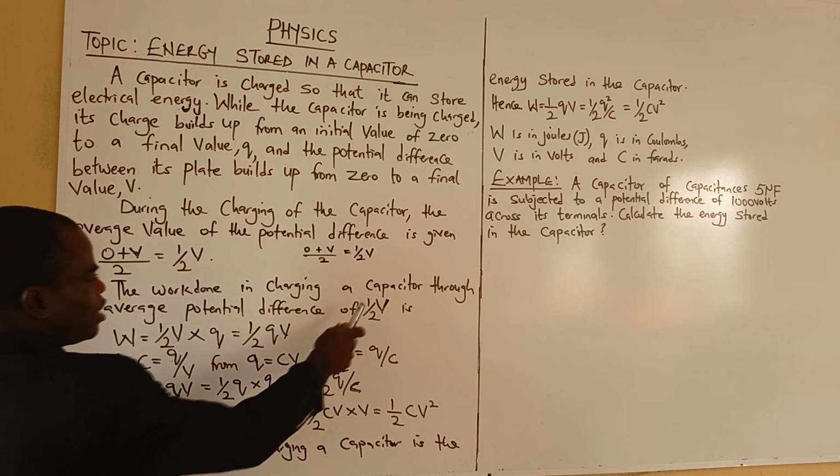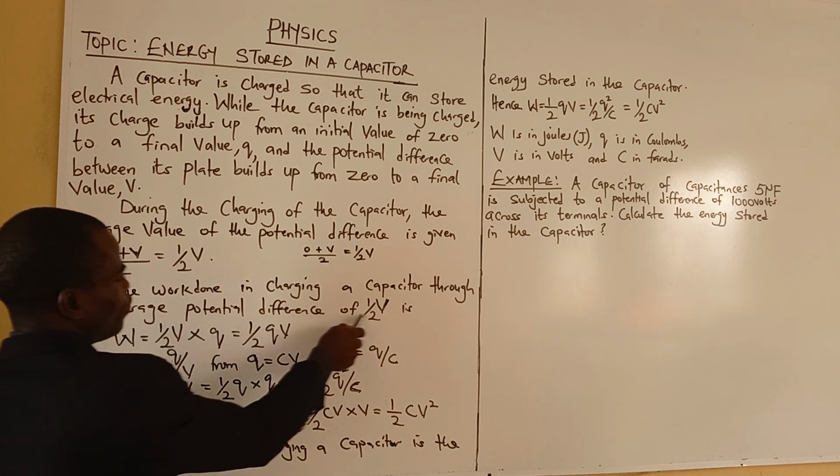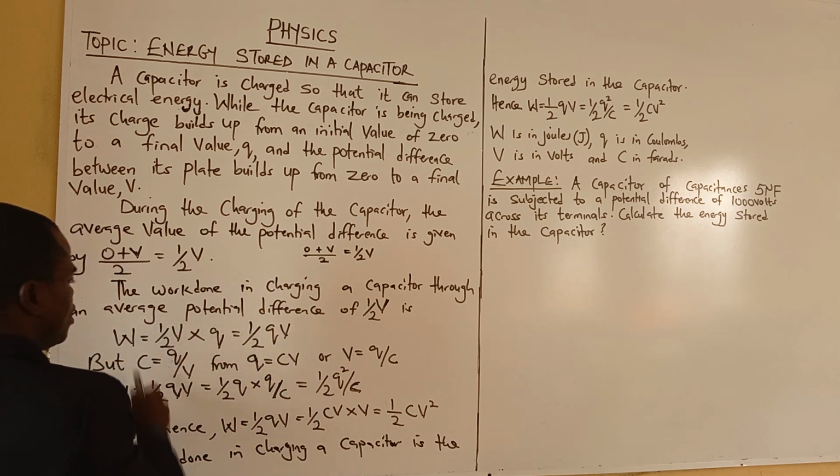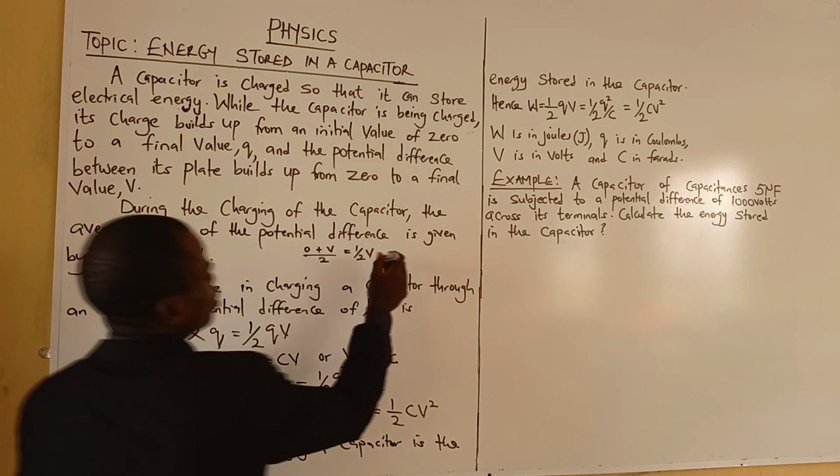The work done in charging a capacitor through an average potential difference of half V is W equals half V times Q. How do you get that?